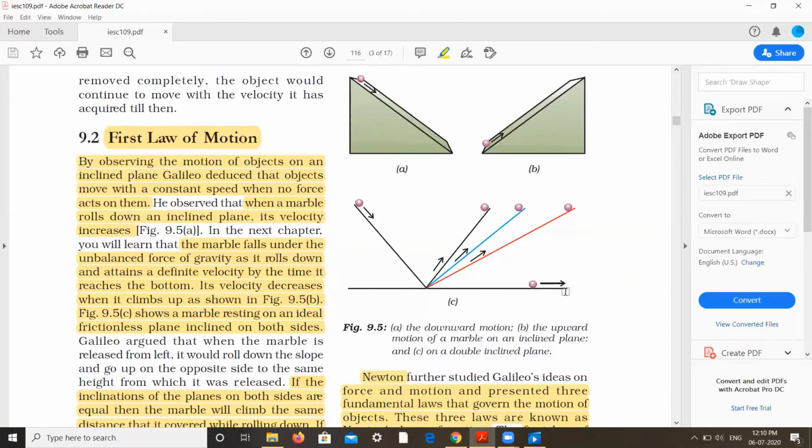That means you have removed that inclined surface from there. So the ball will come down with increasing speed, and after that the speed remains constant. It is the assumption taken by Galileo that when the object comes to the ground, whatever speed it has achieved, the object will continue to move with that speed and will never stop.